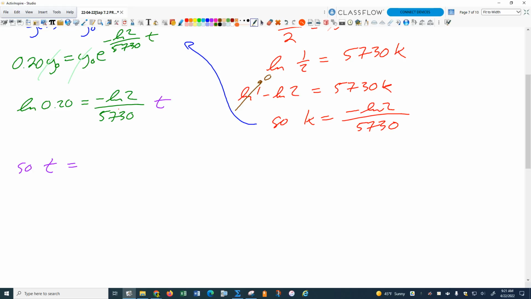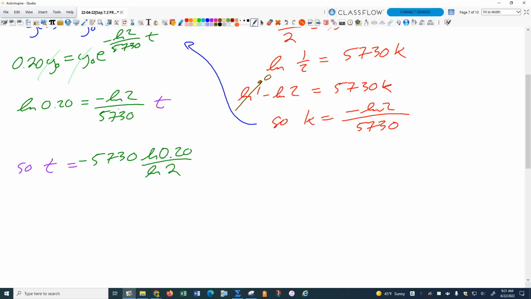And what am I going to get here? 5730 times negative log 0.2 divided by log of 2. And does that negative sign bug you?